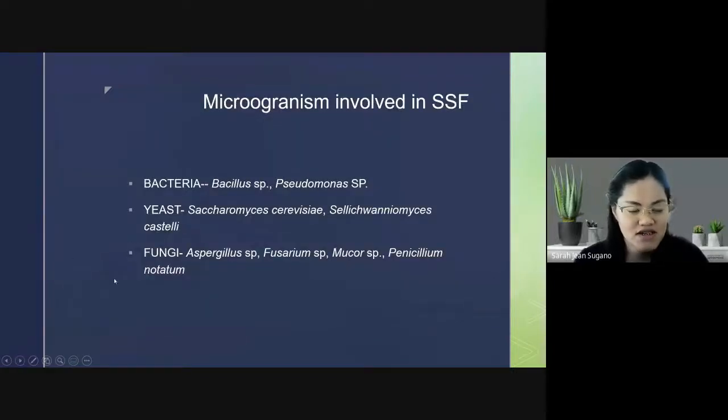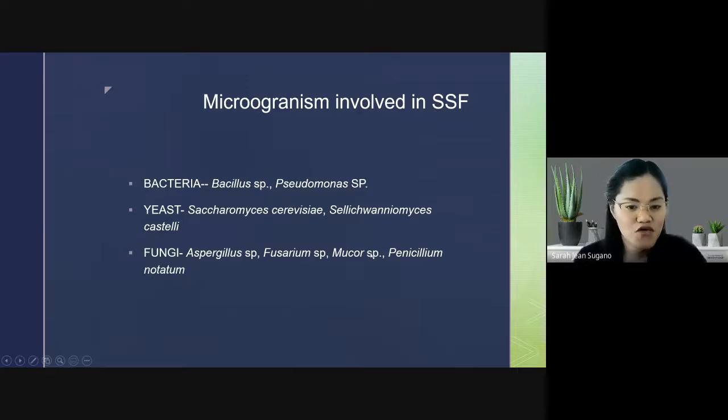The microorganisms involved in solid state fermentation are bacteria, yeast and fungi. It could be Bacillus species or Pseudomonas species, which are aerobic microorganisms that can thrive on a solid state substrate. Also yeast, Saccharomyces cerevisiae, and for the fungi Aspergillus niger and other Aspergillus species, Fusarium species, and Mucor species.